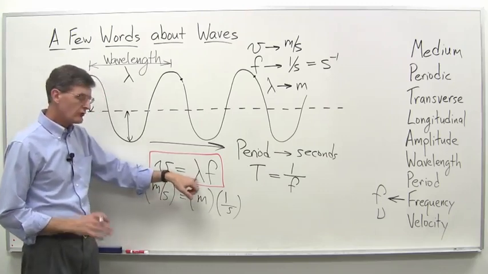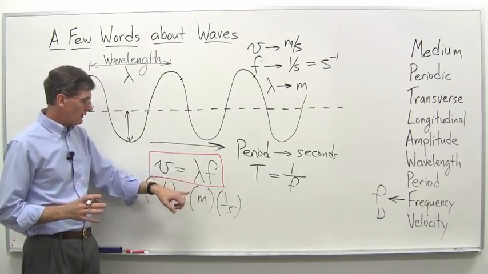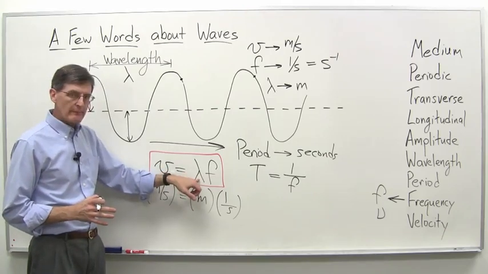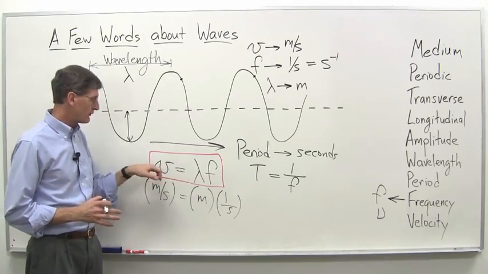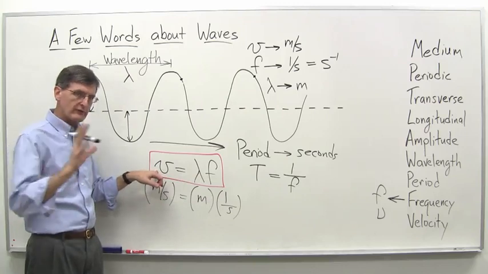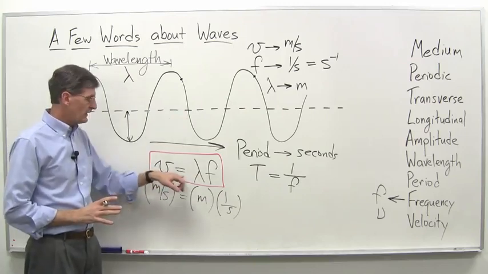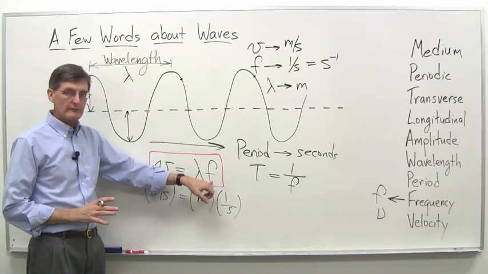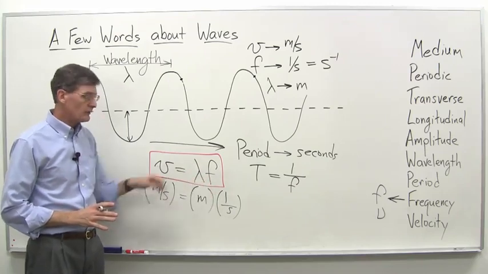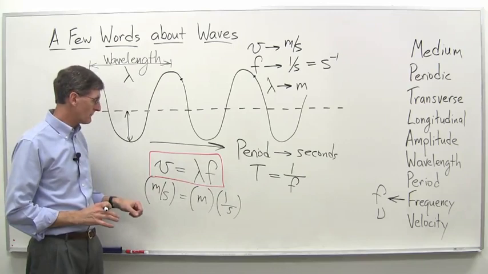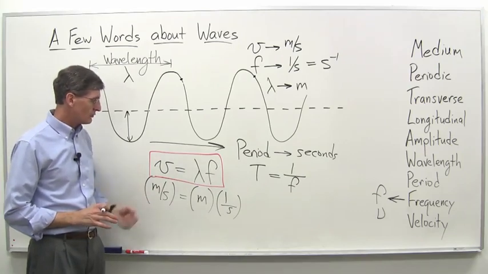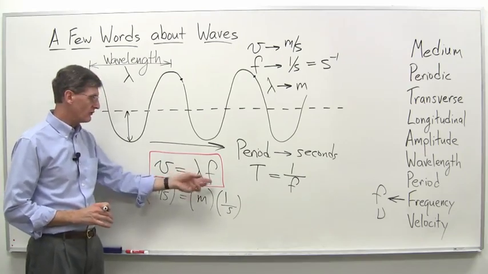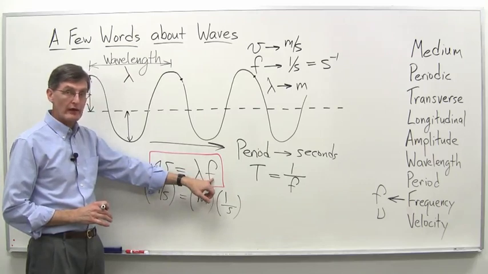So know what happens here. If lambda gets big, for a given velocity, say we have a given velocity wave traveling along, then frequency has to be smaller to make this work. You can go the other direction too. You can have a high frequency wave.